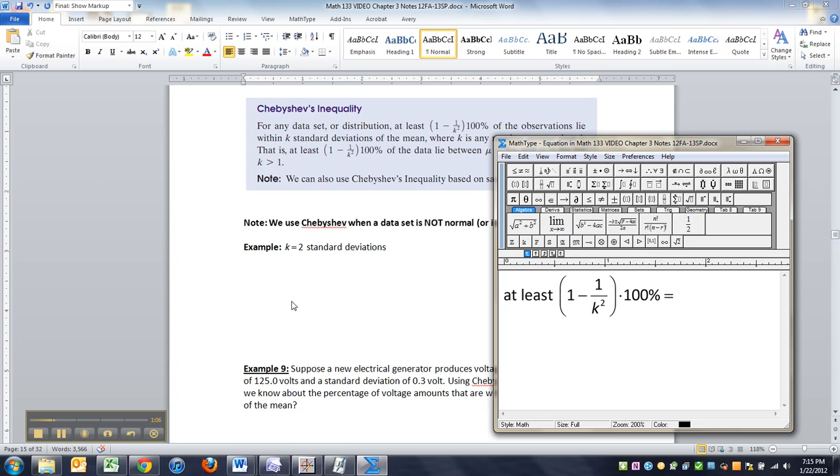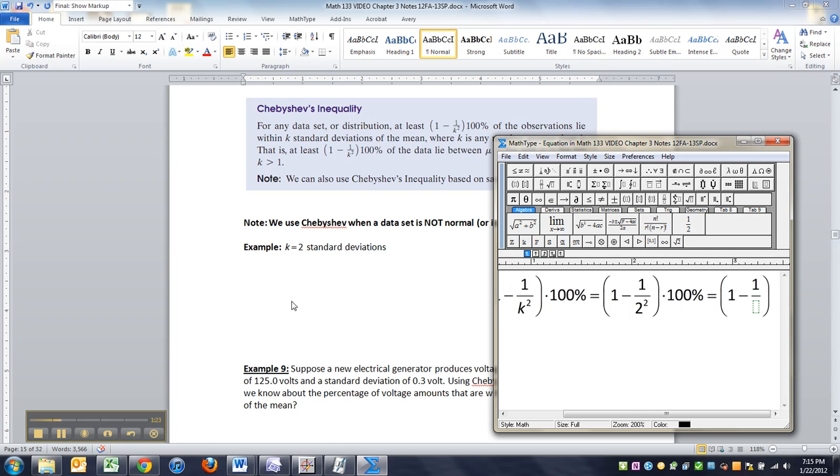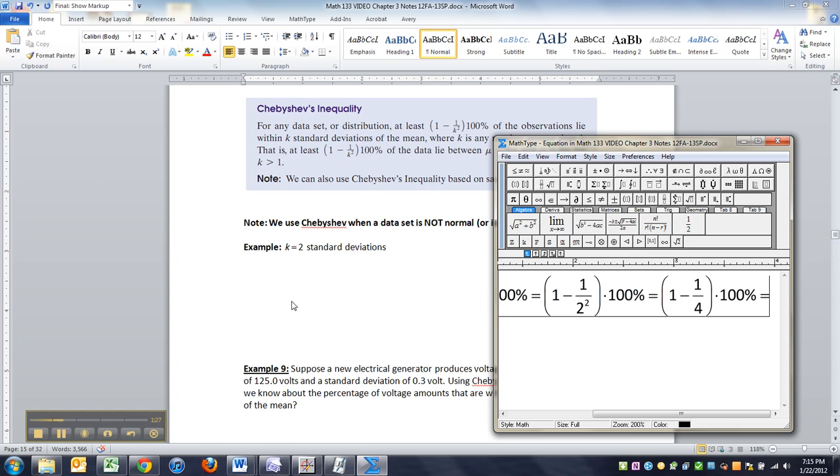Which would be, for example, 1 minus 1 over 2 squared times 100%, which would be equal to 1 minus 1/4 times 100%, which is, of course, 1 minus 1/4 is 3/4, right? 75%. So 3/4 times 100% would be equal to 75%.